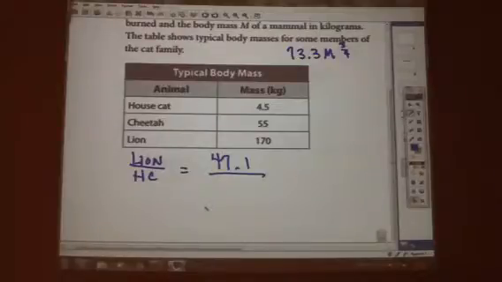Okay, what about the house cat? Let's put the mass right here for the house cat, 4.5. 3.1. What would be the ratio of the lion to the house cat? 15 times. 15 times as much.